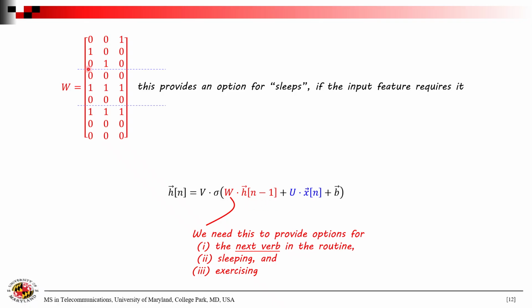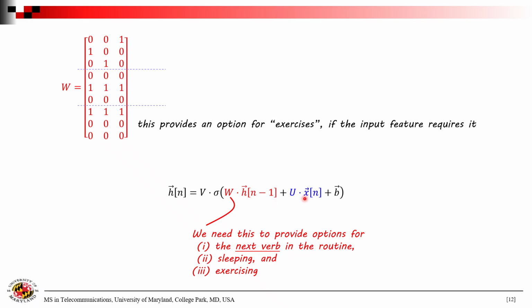I want her to choose sleeps, sleeps, sleeps, no matter what the feedback is. Similarly, if she woke up feeling very rested and energetic, then I don't care what the feedback is from yesterday. The output in this case should always be exercises for all three cases. So this W provides us for all three options, whether it's routine, so she follows the cycle, or whether she woke up rested, or whether she woke up tired.